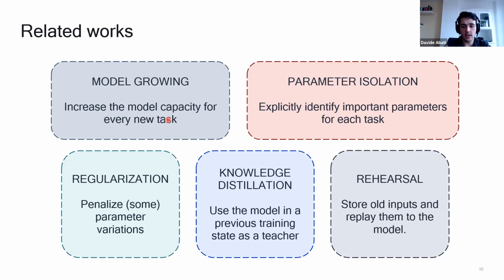Regularization methods add a loss term as they train future tasks so that they penalize some parameter variations. Knowledge distillation models use the model itself in a previous state as a teacher, and rehearsal methods store some old inputs to train the model.